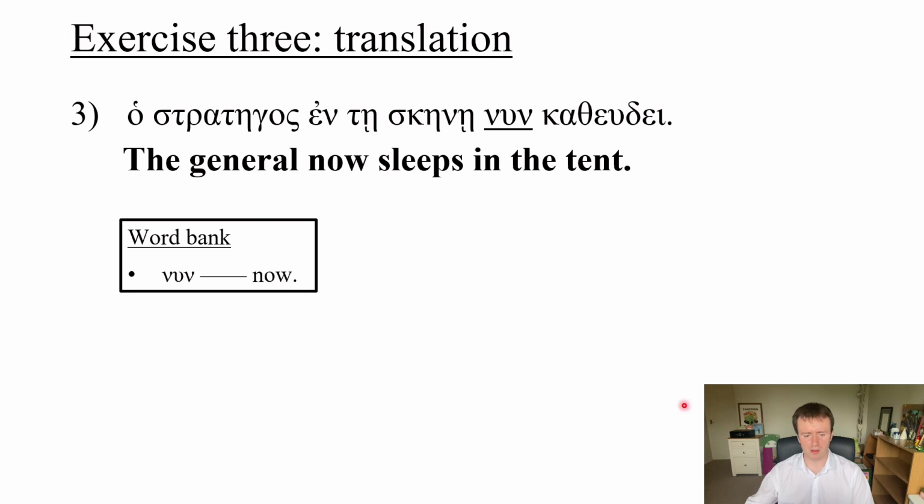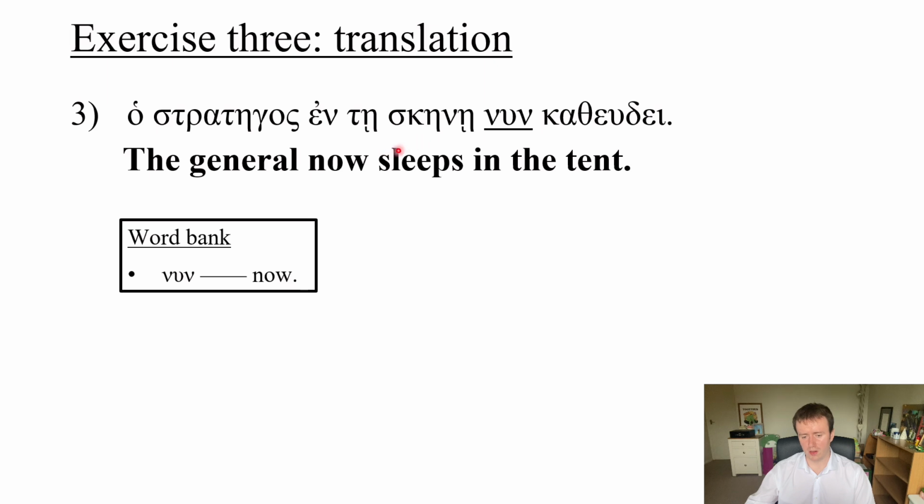Now we know that it means this because ho stratēgos is the general, and the general is in the nominative singular, which we know from the ending -os, and also from the form of the definite article. So the general must be doing the action, and then we've got en tēi skēnēi, which is either in the hut, in the tent, or on the stage.